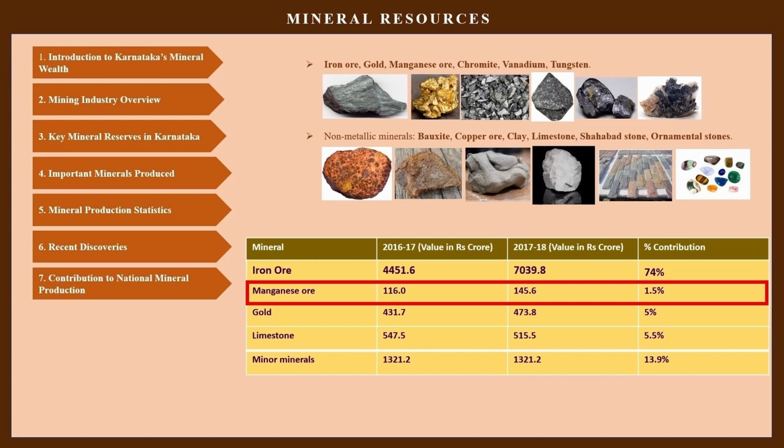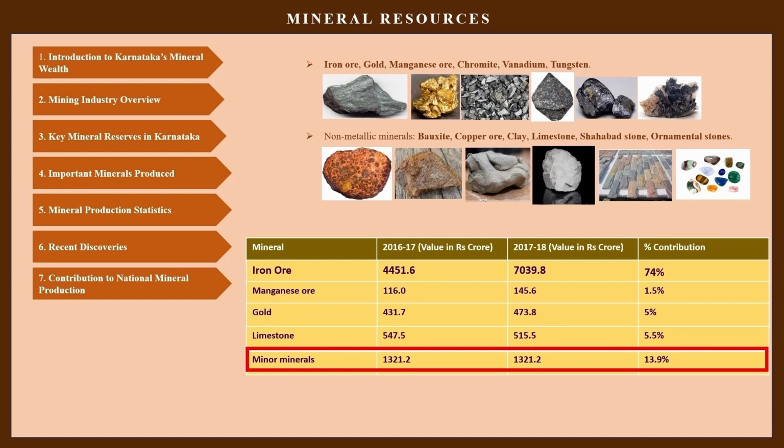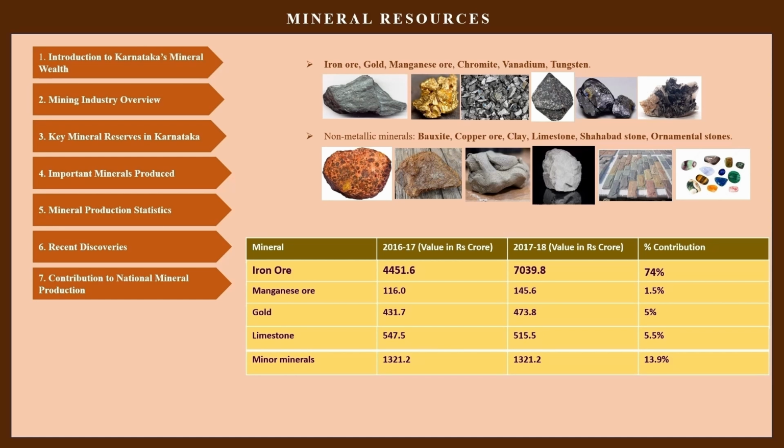The rest is the minor minerals, which constitute around 14%. So the majority of the production in Karnataka is from iron ore. This is the main fact. Now, this is from Karnataka's point of view.